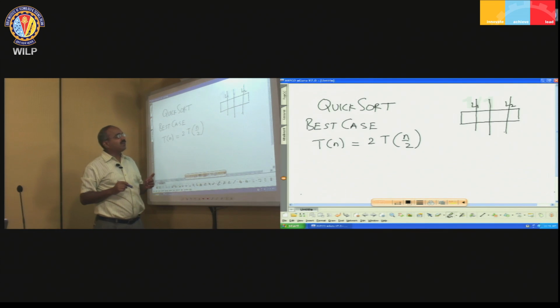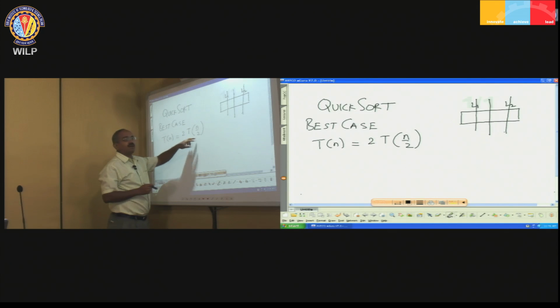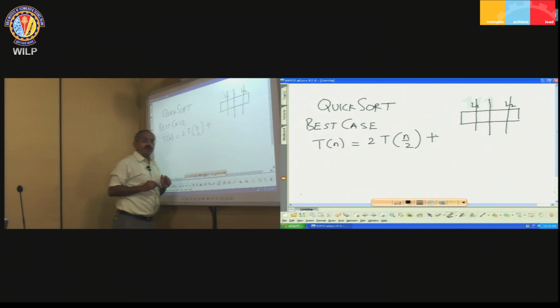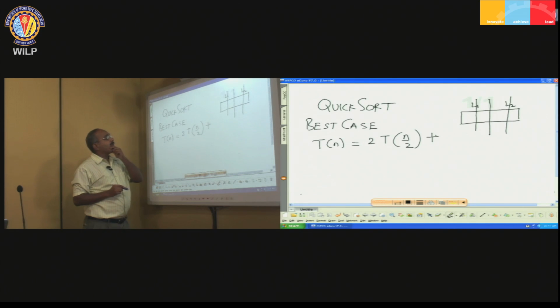So, the best case is going to be every time pivot happens to be the median, correct. So, I will have 2 sub problems each of size n/2 plus time required to partition. Now, if I look at time required to partition, it is easy to see that every element you have to compare at least once with the pivot, correct.